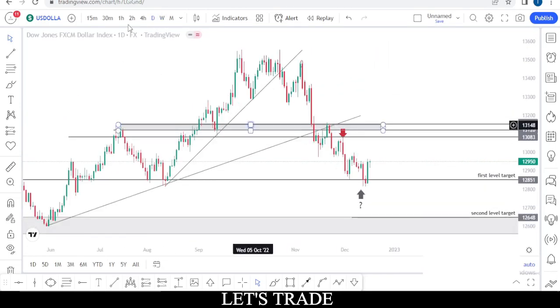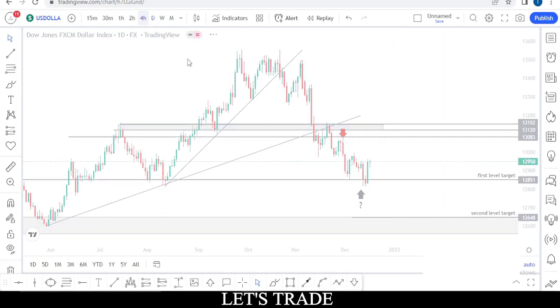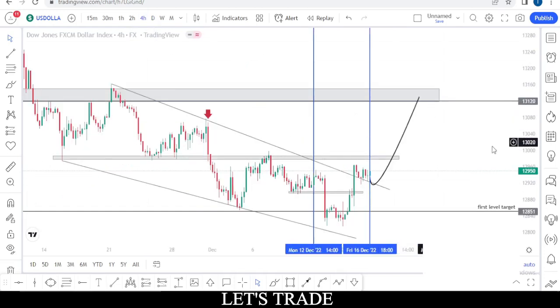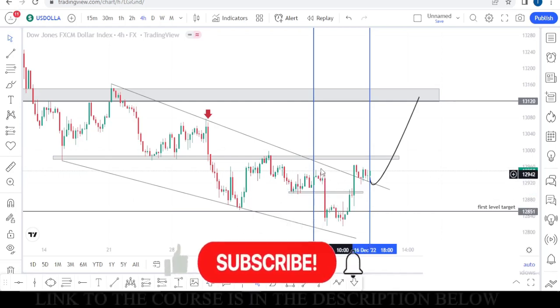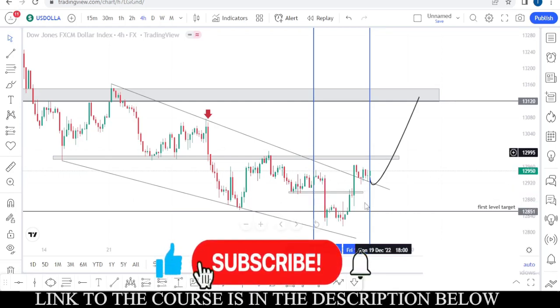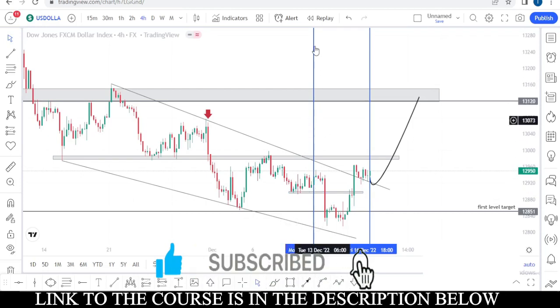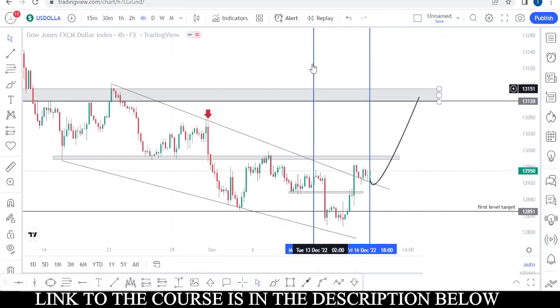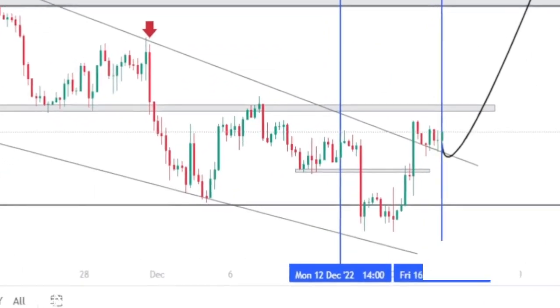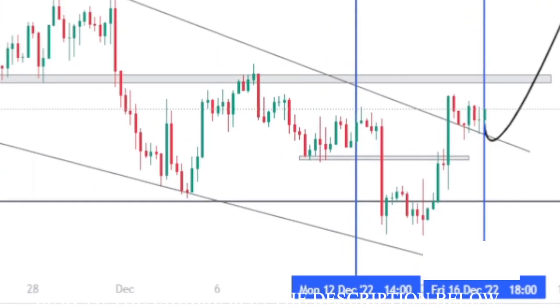So on the daily time frame, in fact, let's go to the 4-hour time frame. Remember, I'm trying to establish what I said last week. Last week I said price is going to move in a manipulative manner, which is exactly what price has done. This line you see me plot here, this blue line, if you look at the date below, you see Monday 12th 2022, which was last week.